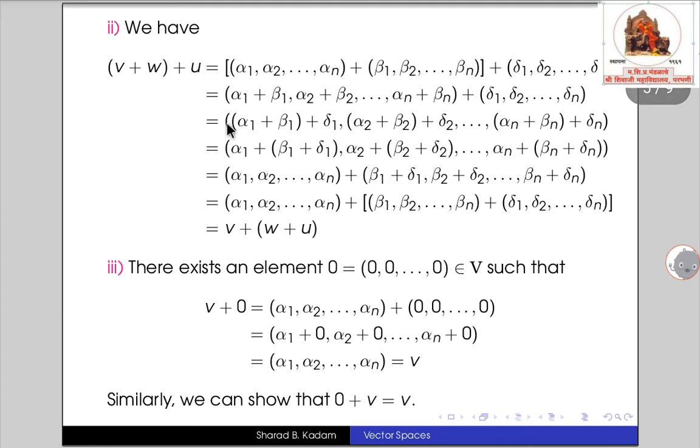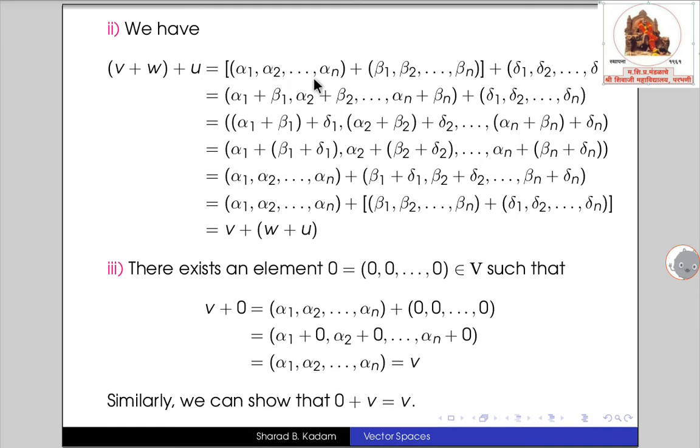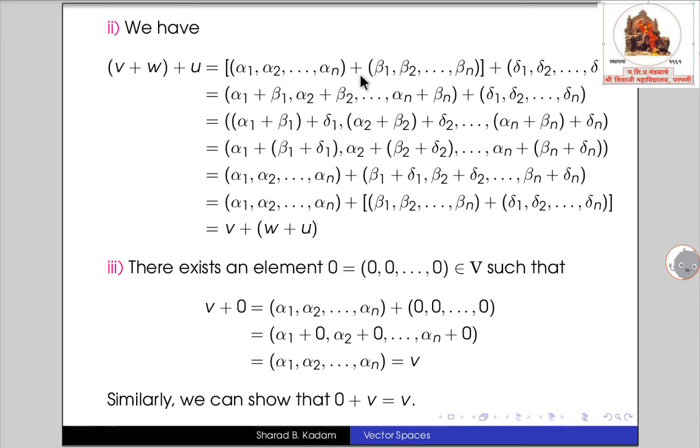The second condition is the associative property with respect to addition. So we have, in brackets, V plus W, bracket close, plus U equals, in square brackets, alpha 1 alpha 2 alpha n plus W, which is beta 1 beta 2 beta n, bracket close, U is delta 1 delta 2 delta n.